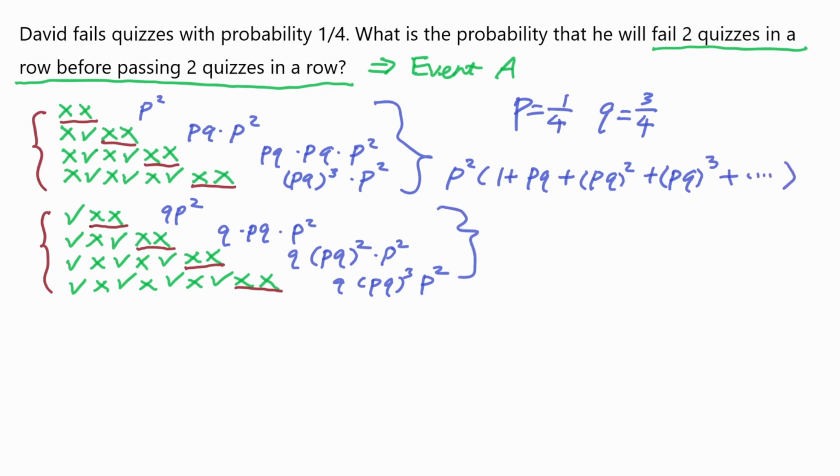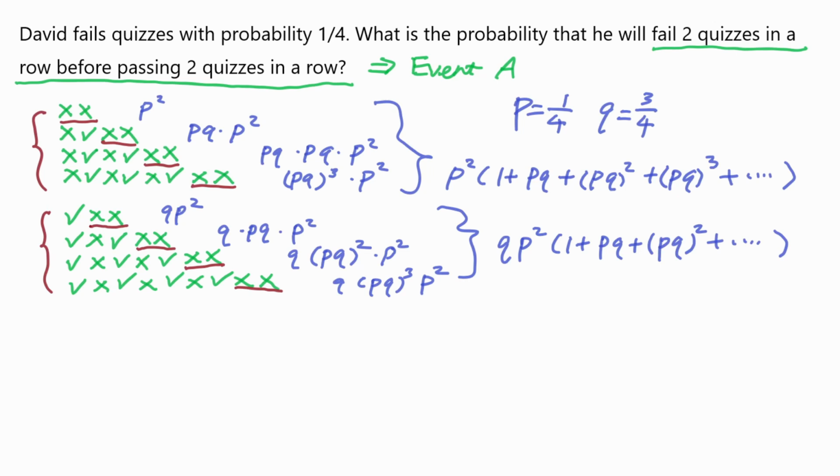The second group is going to be Q P squared multiplied by 1 plus PQ plus PQ squared, dot dot dot.